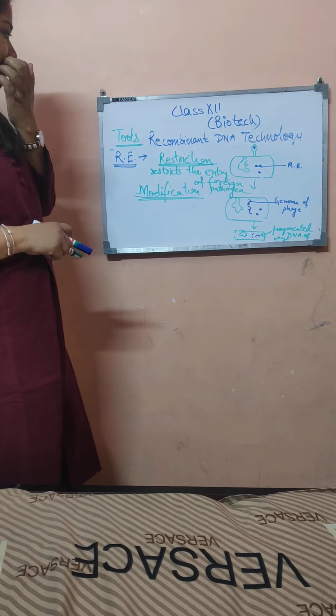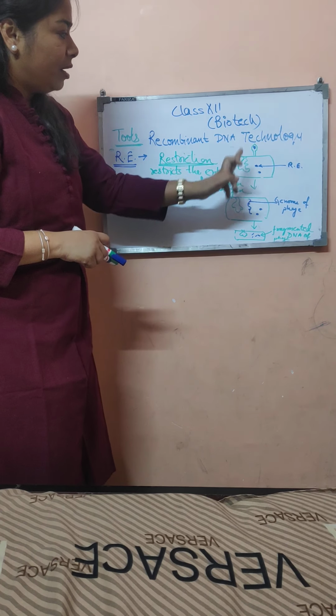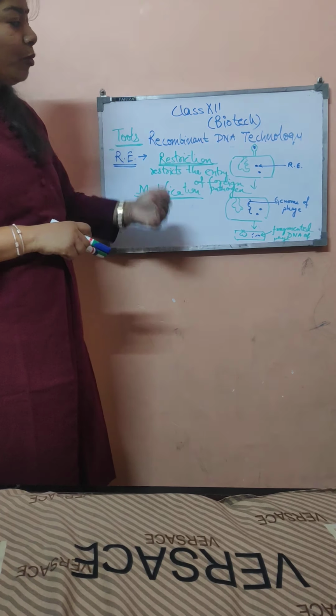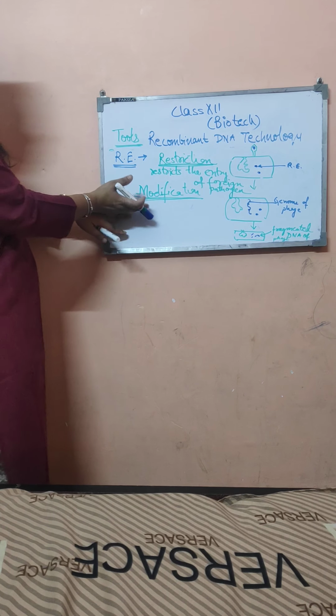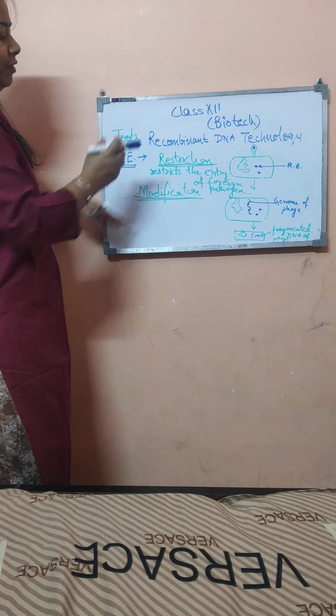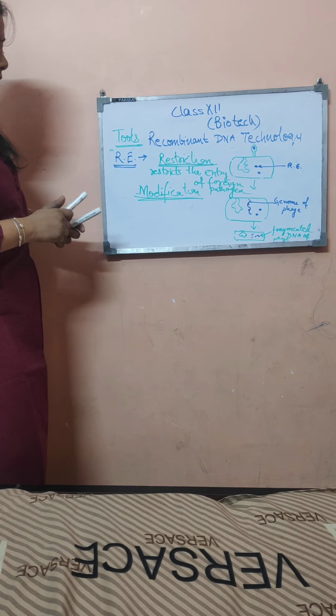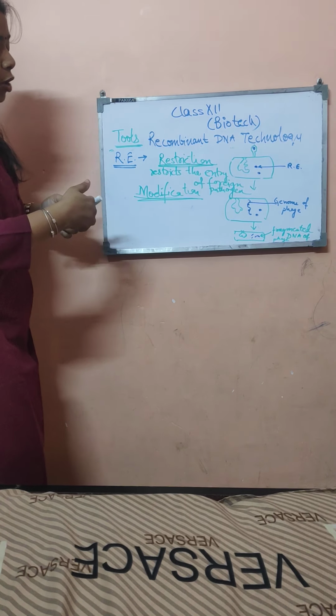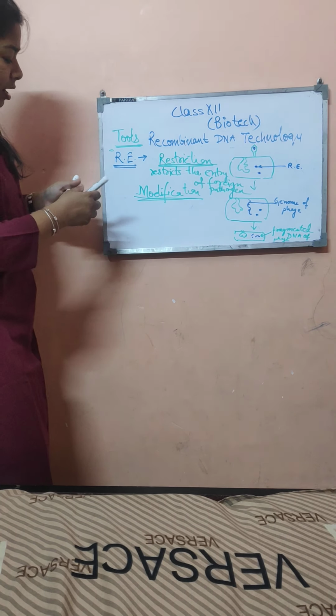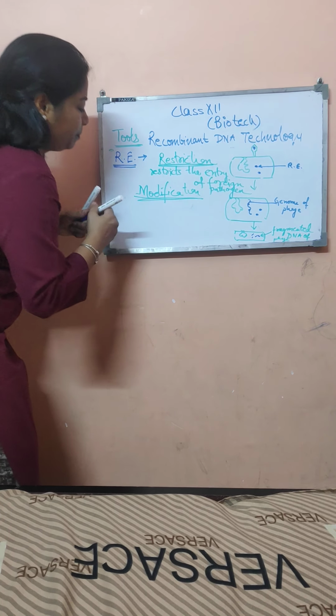Actually, the bacterium protects itself from its own restriction endonuclease through the system of modification. The host bacterium undergoes methylation.